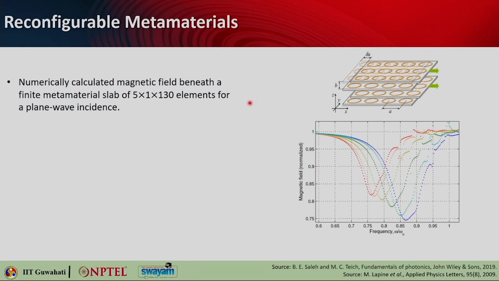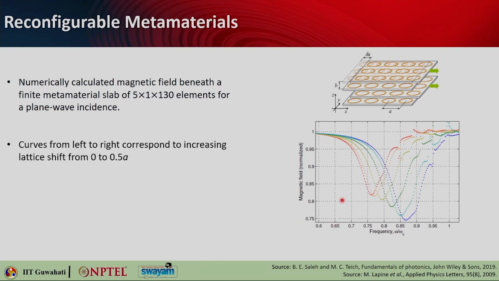That is the number of elements you have considered, and you have also taken plane wave excitation, and this gives you the magnetic field below this finite metamaterial slab. With the shift, the curves from left to right correspond to a lattice shift of 0 to 0.5 A. So, you can dramatically shift the resonance frequency by doing this kind of shift.